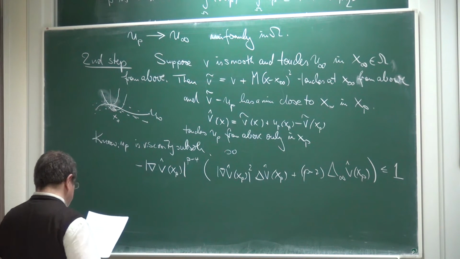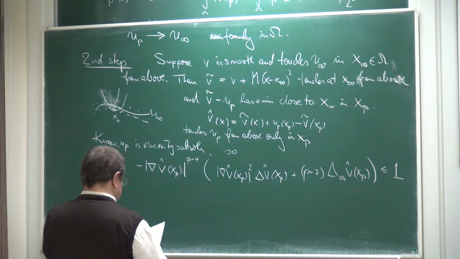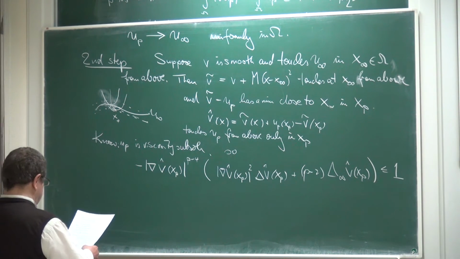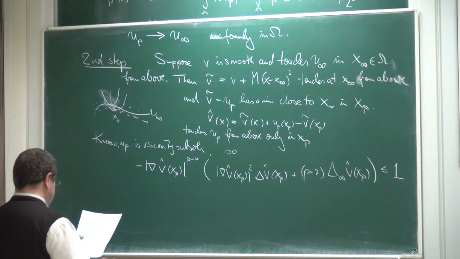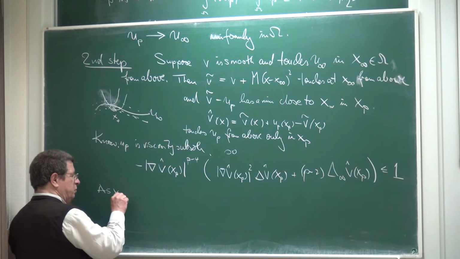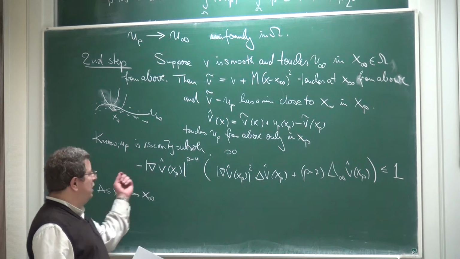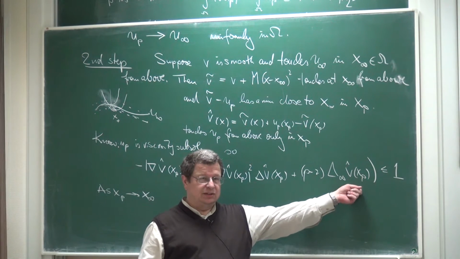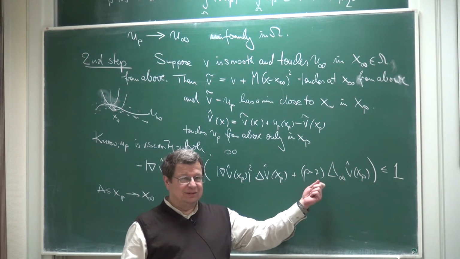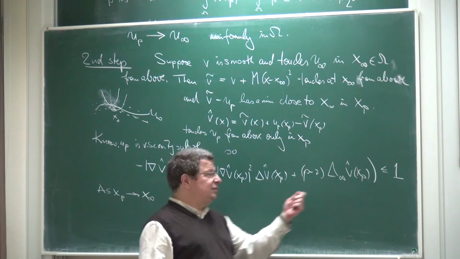And now we pass with this. This is less or equal to 1. So now as x_p tends to x_infinity, we can pass to the limit here on the left-hand side, because v is a C2 function, so the second derivatives depend continuously on the argument.